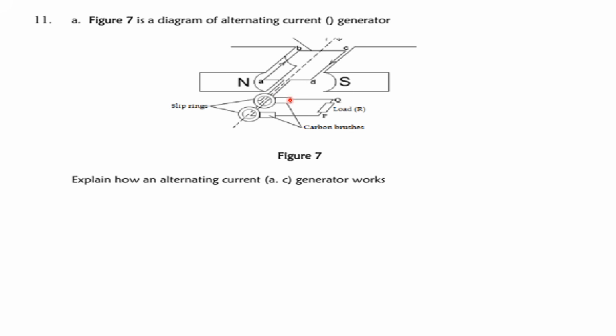And then we have parts like the carbon brushes and the load. The load is just a resistor or any material. And then we have slip rings. All right, explain how this works.